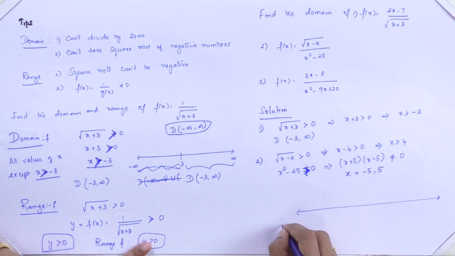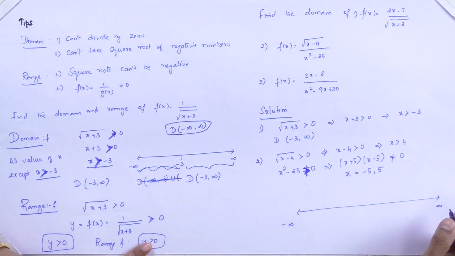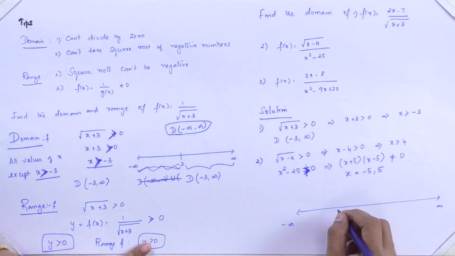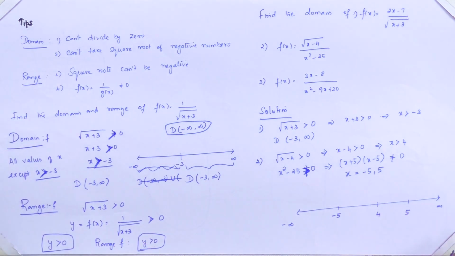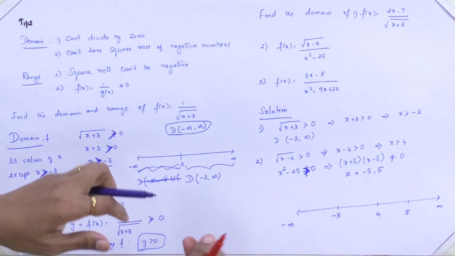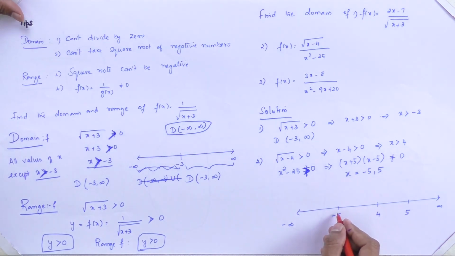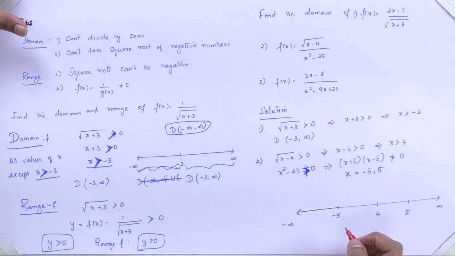Now see the number line. This is negative infinity to positive infinity. Here I have minus 5, I have 4 somewhere here, I have 5 somewhere here. So we will have to check, right. If it takes lesser values, from this point to this point, what happens?